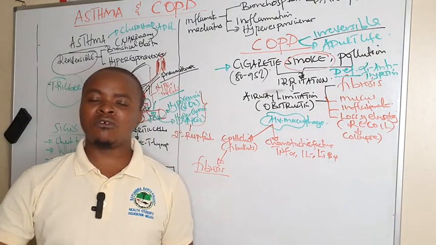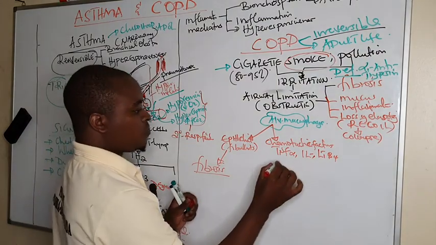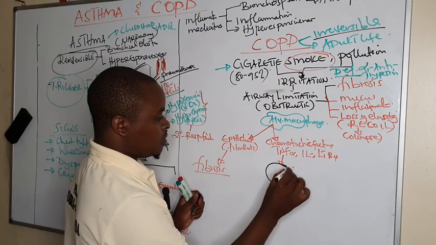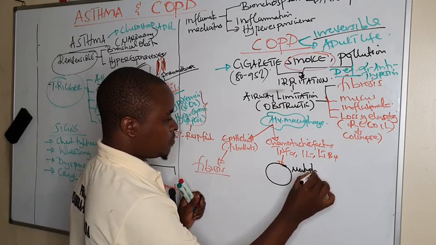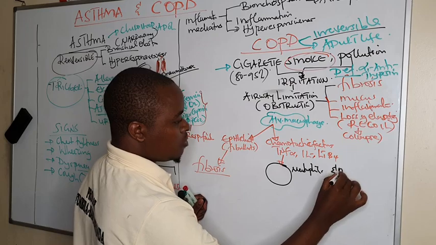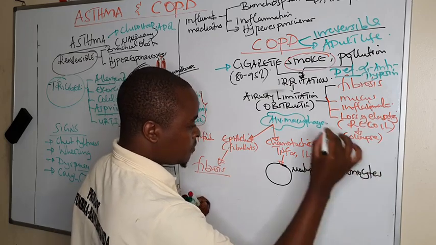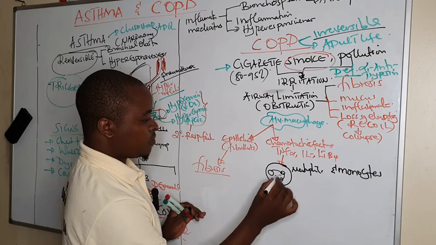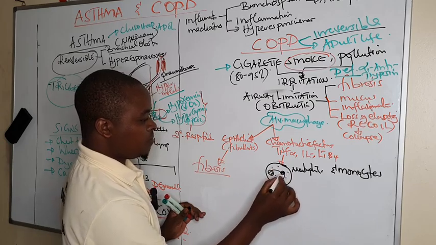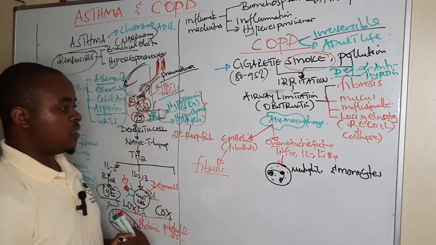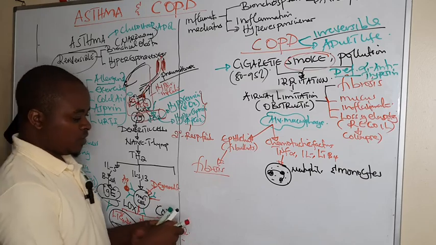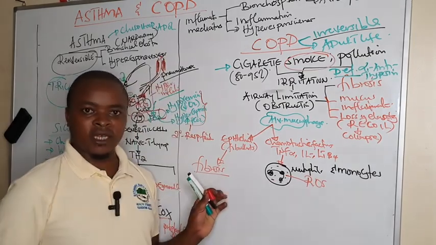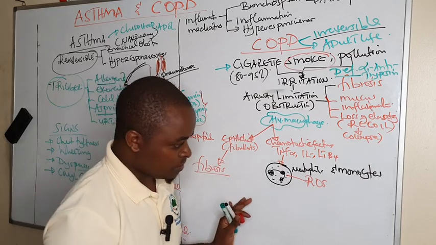These are going to attract neutrophils, and sometimes monocytes. And when attracted, these neutrophils are going to be triggered to produce reactive oxygen species like peroxides and hydrogen peroxide.